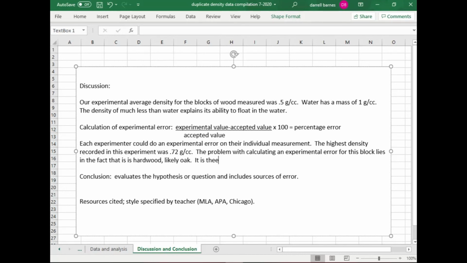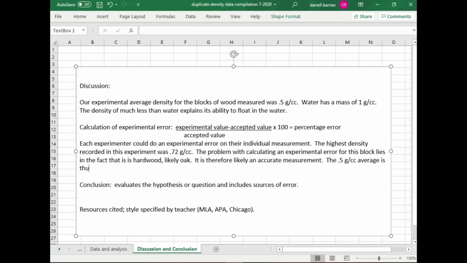It is therefore likely an accurate measurement. The 0.5 gram per cc average is thus pushed a bit high, since the 0.72 gram per cc density is included in the data.